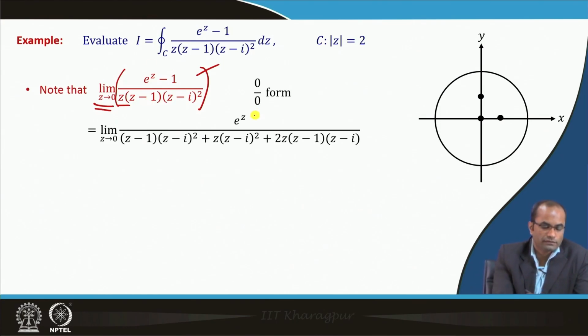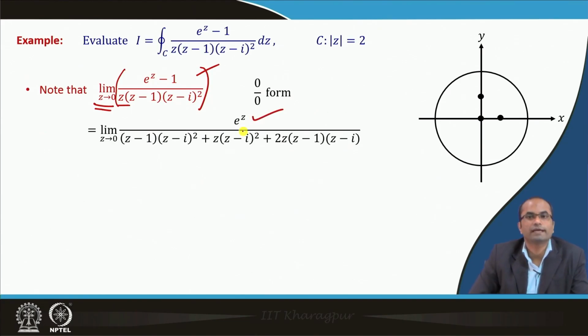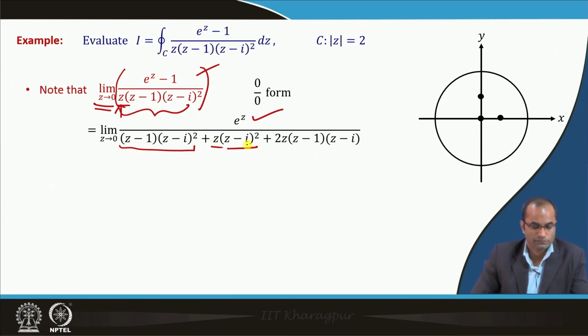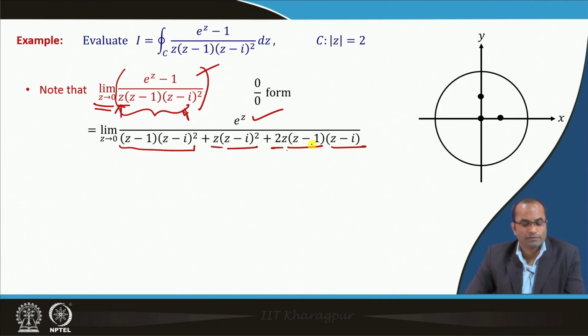So, the numerator when we differentiate gives e power z, and for the denominator the product rule has to be applied. With respect to the first factor, z is differentiated, so we have the remaining z minus 1 and z minus i whole square. Then the third one is differentiated, so we have 2 times z minus i, and z into z minus 1 remain as they are.